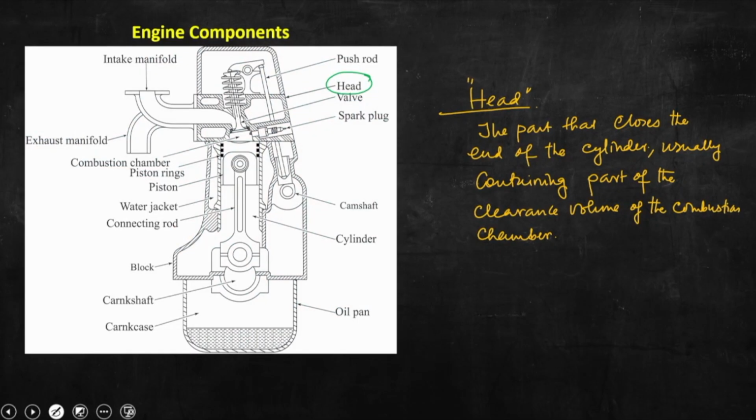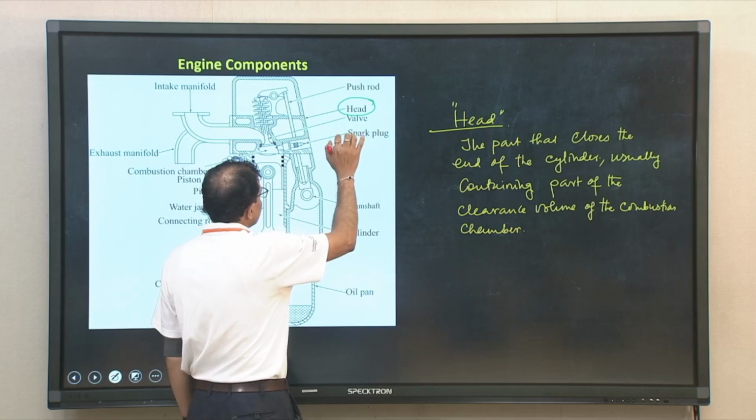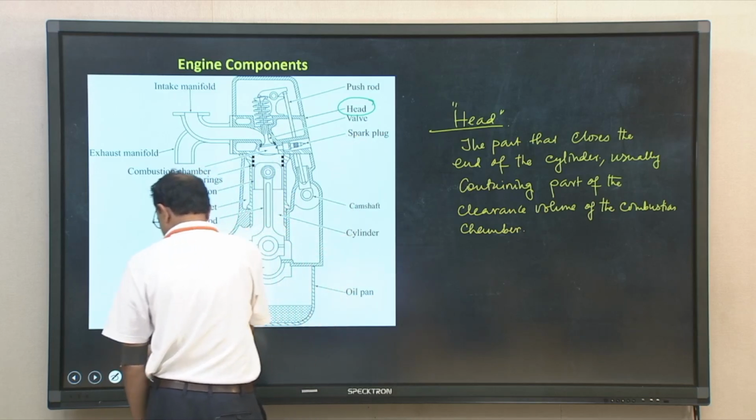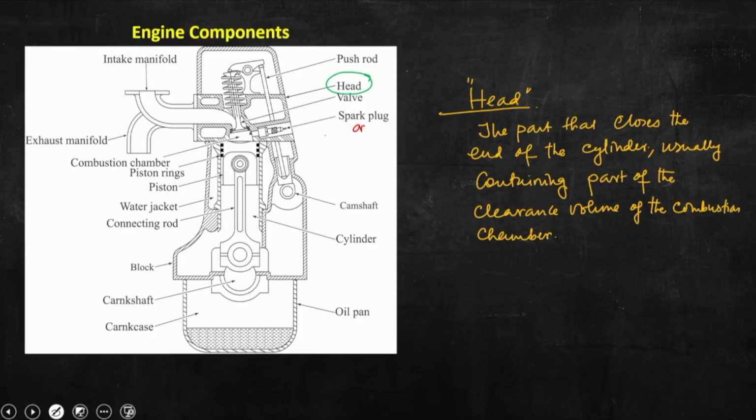Just for your information, you can also see from the schematic depiction that in the head there are many other components. Valve is there, and most importantly the spark plug is there. If it is an SI engine, the spark plug will be there, or I can write here, a fuel nozzle.